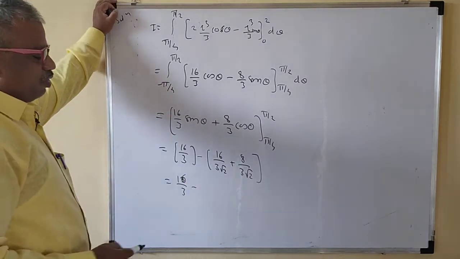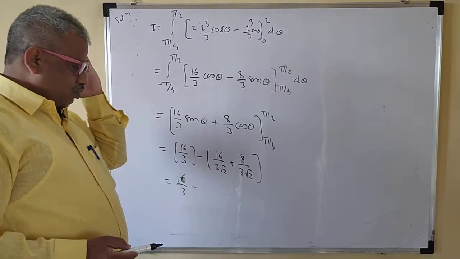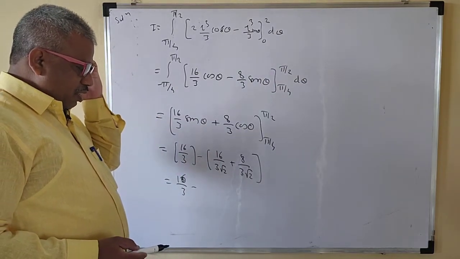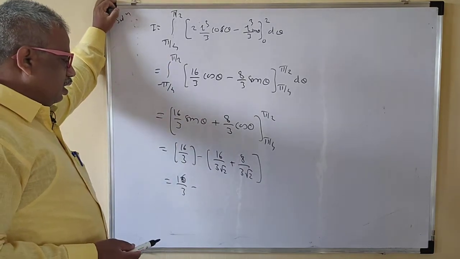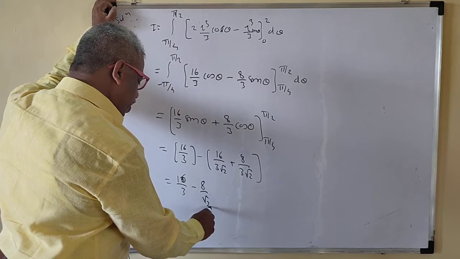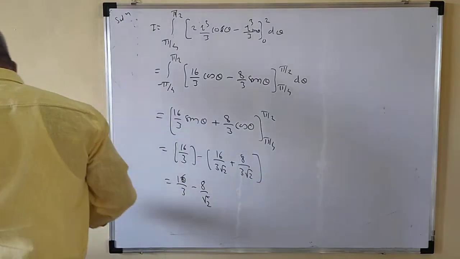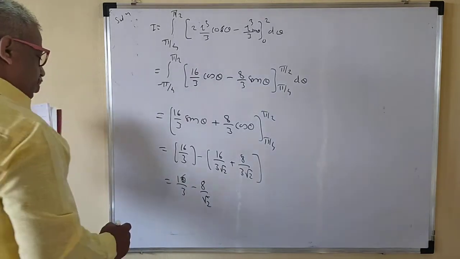You can add because your denominators are same, 16 plus 8 is 24, 24 upon 3 is 8. So 8 by root 2. This is your required answer.